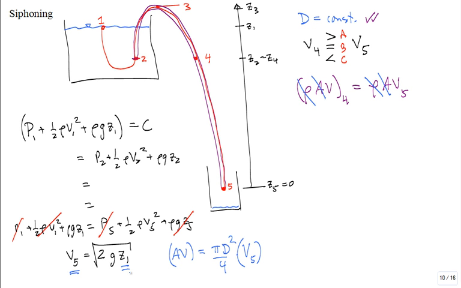So the next question is, look at the pressure at 4 versus the pressure at 5. Is the pressure at 4 greater than, equal to, or less than the pressure at 5?